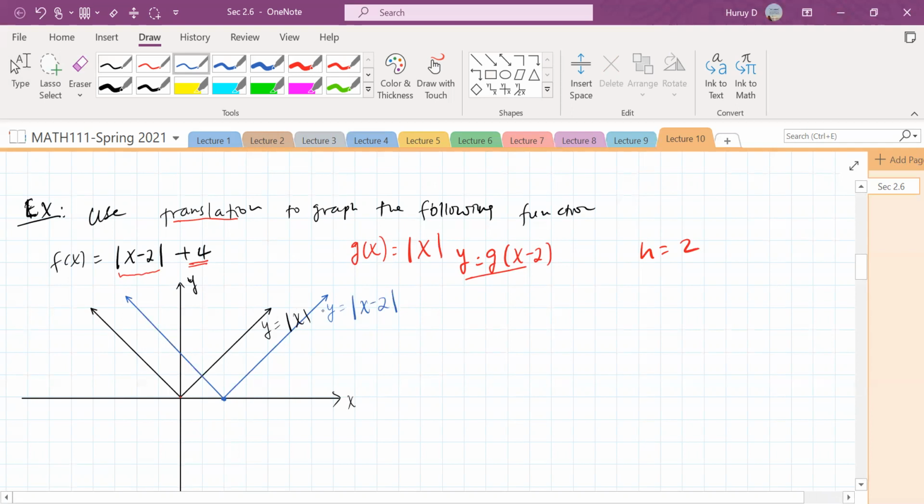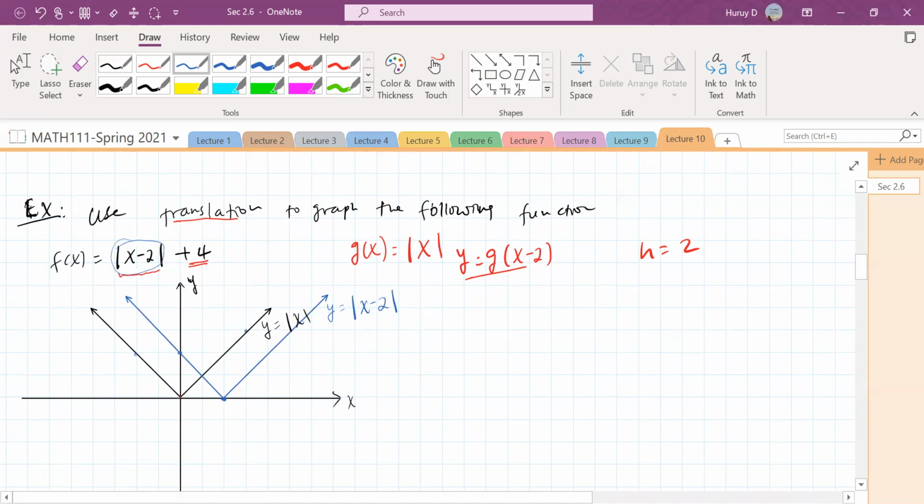Now we're doing this step by step. First, I did the horizontal translation, which is this one. As you can see, the graph of the original function is shifted to the right by 2 units. Every point on the original graph is shifted to the right. For example, if we take this one, it is shifted to the right here.